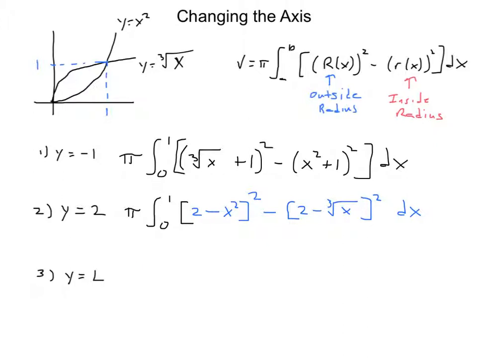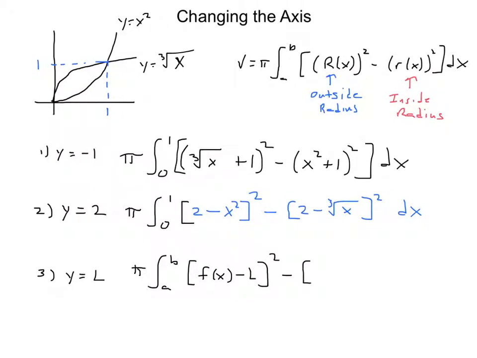The result will be pi times the integral from a to b of f of x minus L, that thing squared, this will be my outside radius, minus g of x minus L, that thing squared, dx.